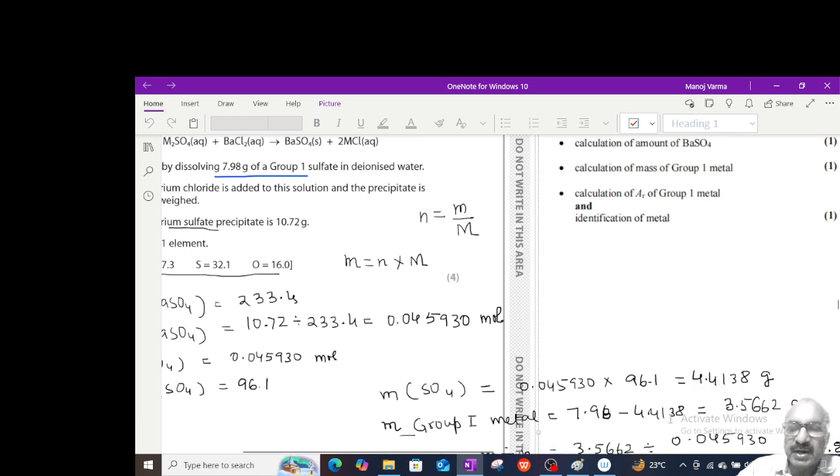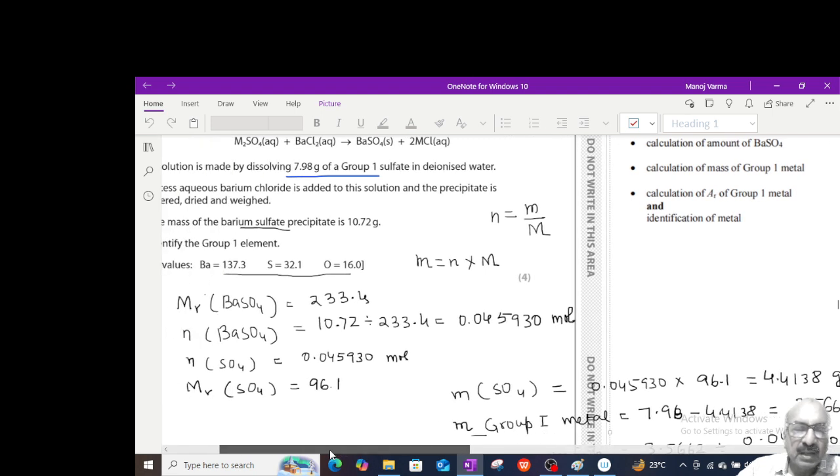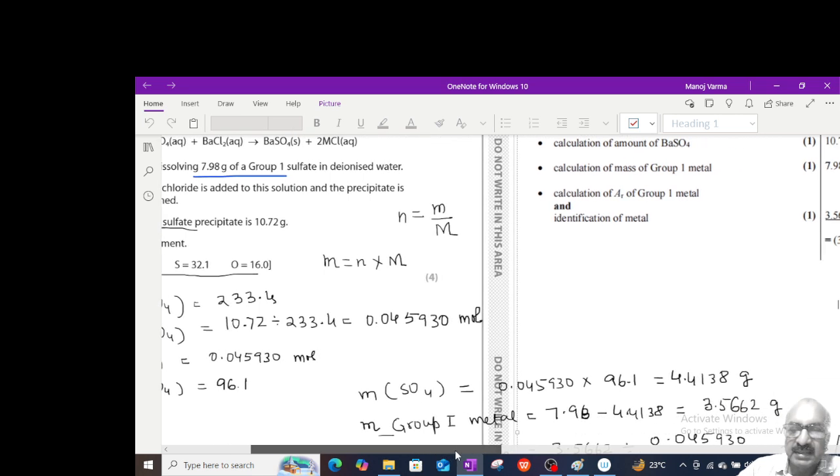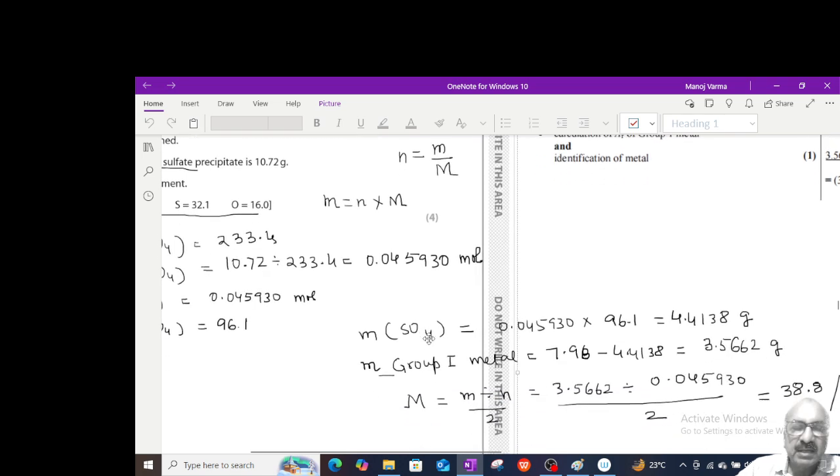If you subtract the mass of the sulfate from the mass of the group 1 sulfate, which was 7.98 gram, you get the mass of the metal. The mass of the metal can once again be converted into the molar mass by using the formula m upon n. So the molar mass is m divided by n.